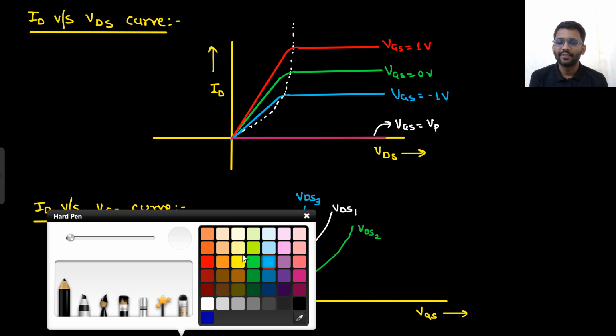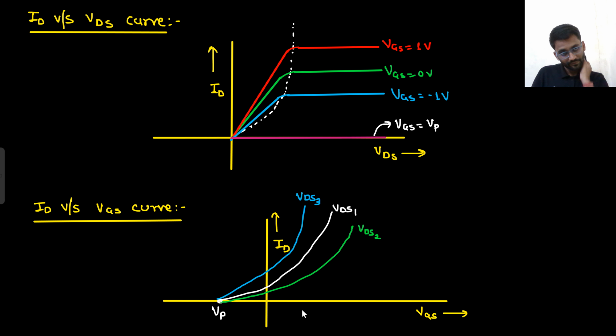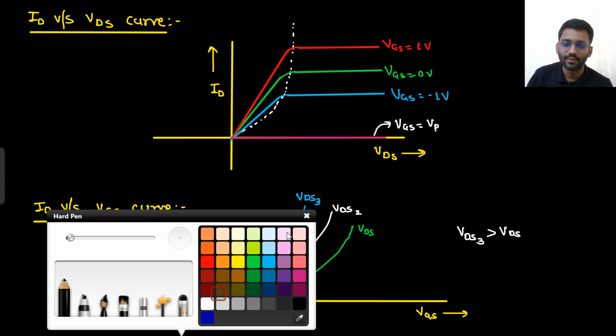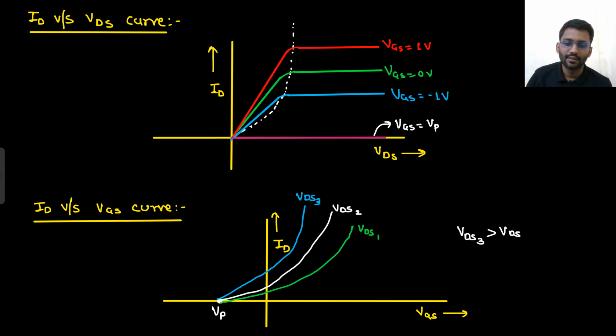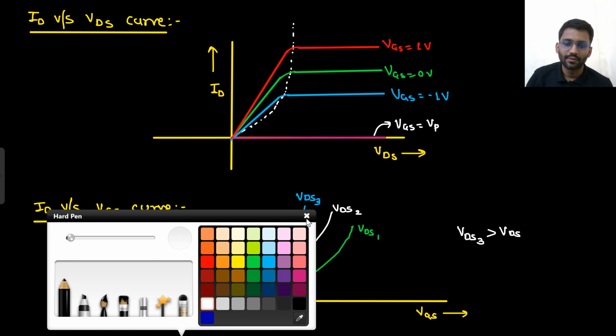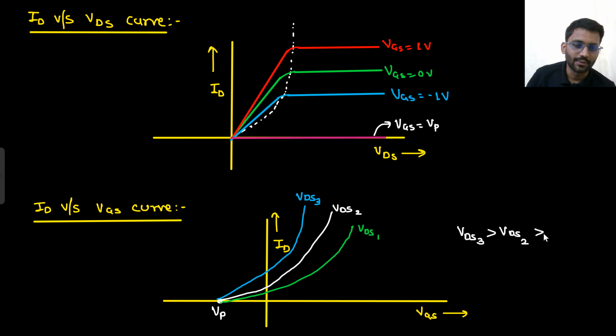So tell me, what is the relation between VDS1, VDS2 and VDS3? VDS3 is more than VDS2. Okay, this should be VDS2 and this should be VDS1. So VDS3 is greater than VDS2 is greater than VDS1.